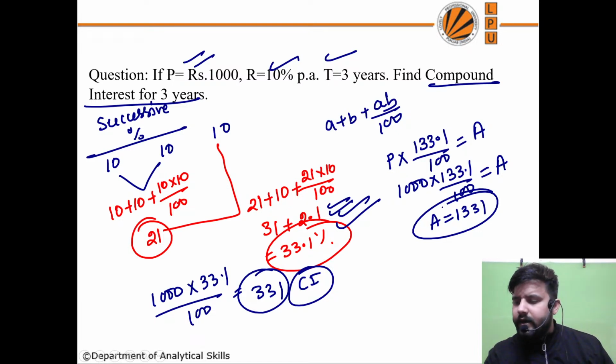Alright, I hope everyone got it, all the 3 methods. Now let's apply them in other questions also.